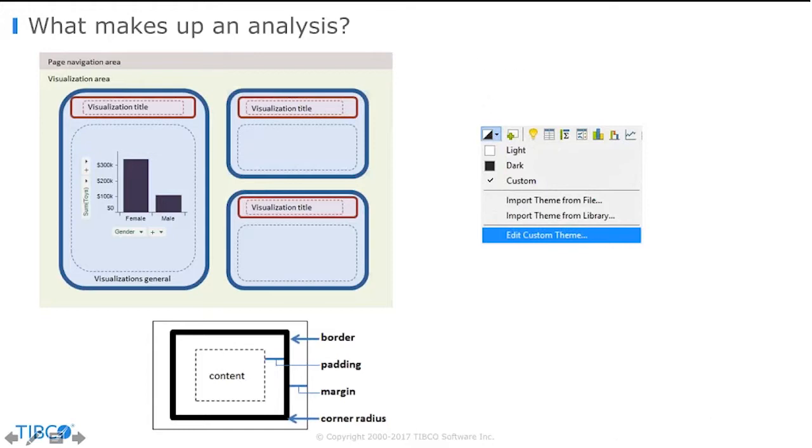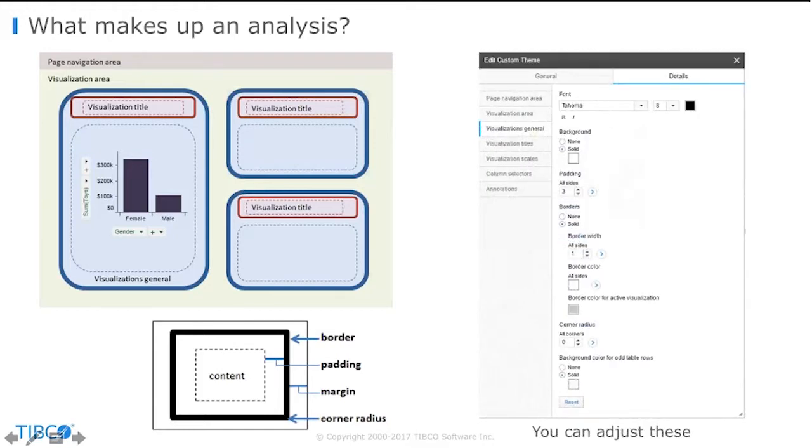If you go to edit custom theme, you get a setup window like this, and you can see that the tabs in this window correspond to the components you see on the page: your page navigation area, your visualization area, your visualization general, which is this general area here, and then visualization titles. You can see the background color, the padding, the borders, and the corner radius, which correspond to these elements that you can adjust.